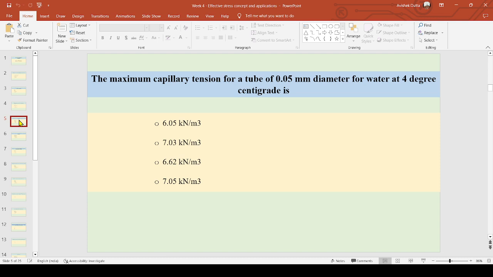All the options are in kilonewton per meter cube. The options are 6.05, 7.03, 6.62, 7.05.